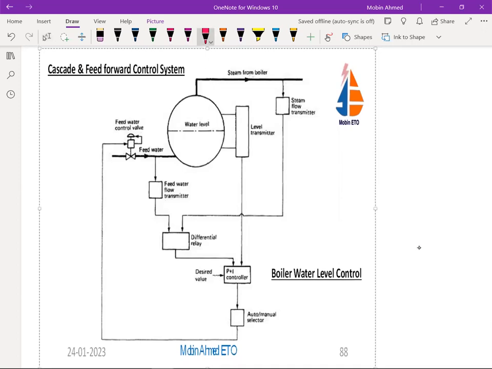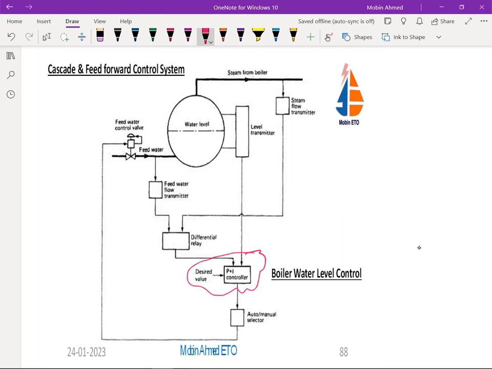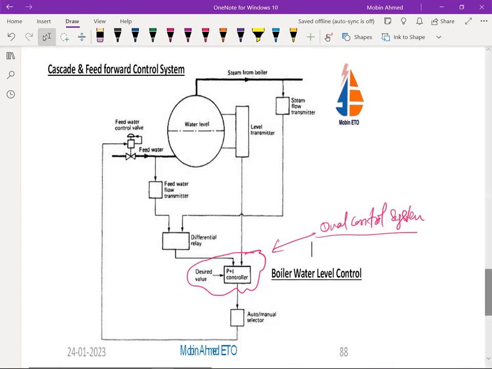Now, how is it going to be a cascade? So if you see here, there is a dual control system. Okay, it is going to use dual control systems. How is it going to use these dual control systems? So one input is coming from the feedback system.